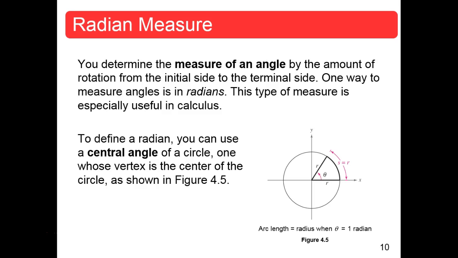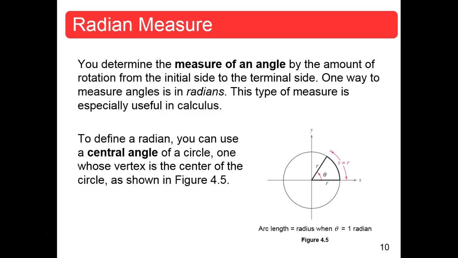Okay. So let's say we have a circle here. We put the center of the circle at the origin, right where you put your initial side of those rays or line segments there. The radius of that circle is how far every point on that circle is from the origin. That's how we define radius, right?